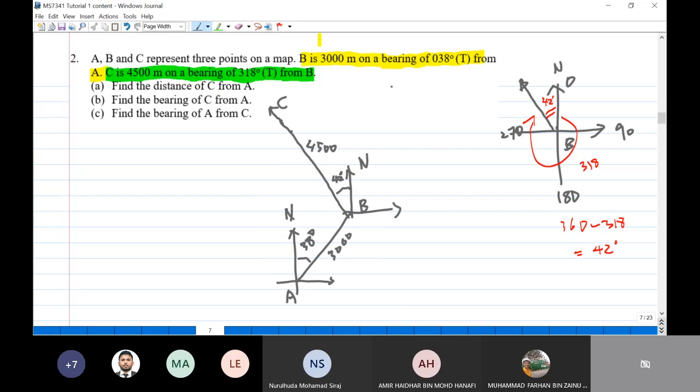So you can join A, B, C together. Okay, so this is how you draw a triangle. It looks something like this.